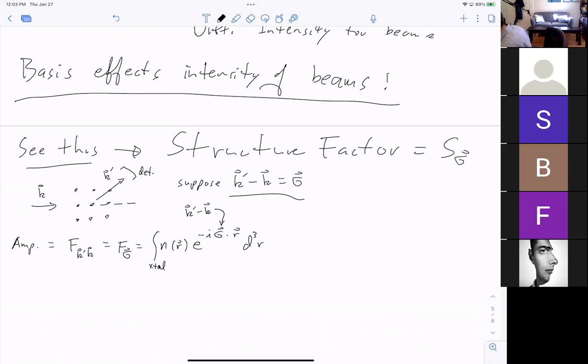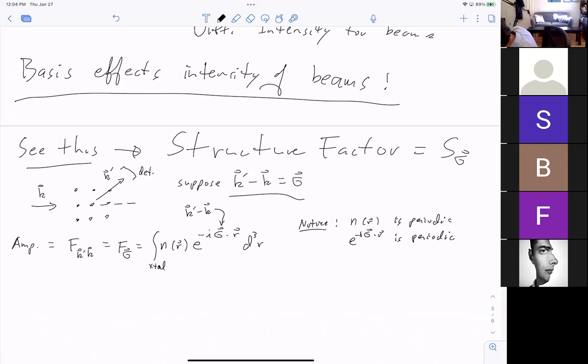Now what we realize is that N of R is periodic, and E to the minus I G dot R is also periodic in the crystal, because by definition the G's define waves that are periodic in the crystal. So I don't have to integrate over the whole crystal.